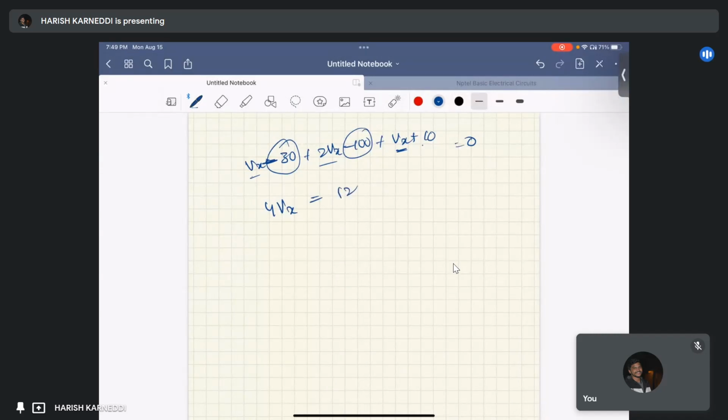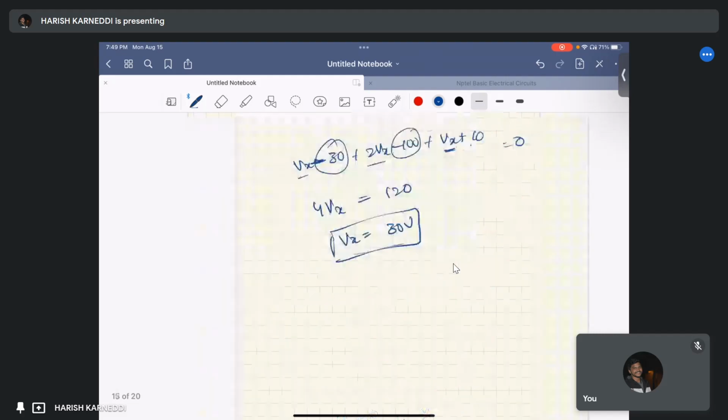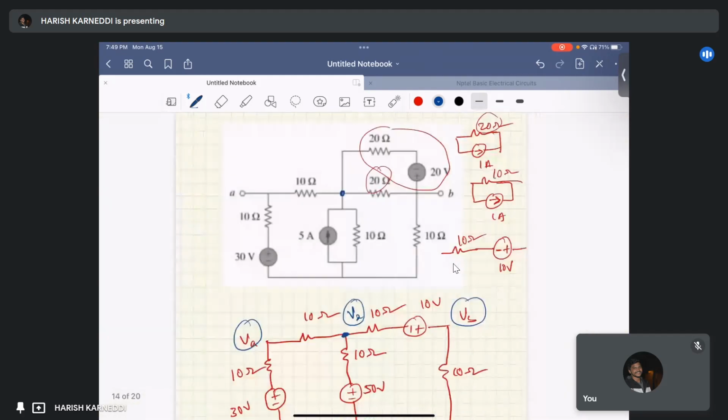It goes to that side as plus 120. So Vx equal to 30 volts. So in this circuit, the Vx at this point is 30 volts.